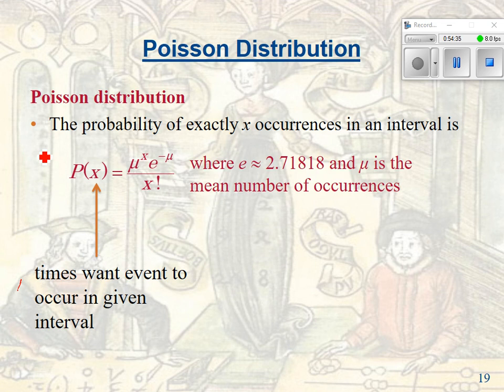Mean of the population. X is how many we're looking to get. That's mu up there, but it's got to be the negative mu. This is just X. What's this little symbol? Factorial. So if it was 5, it'd mean 5 times 4 times 3 times 2 times 1.